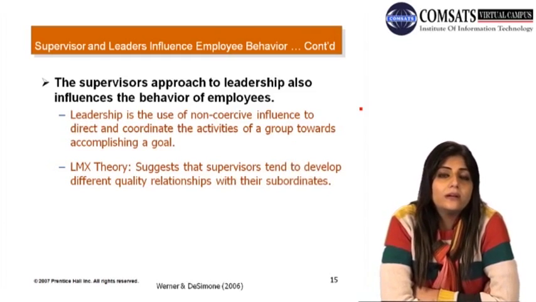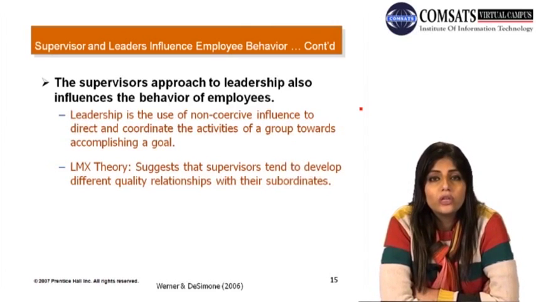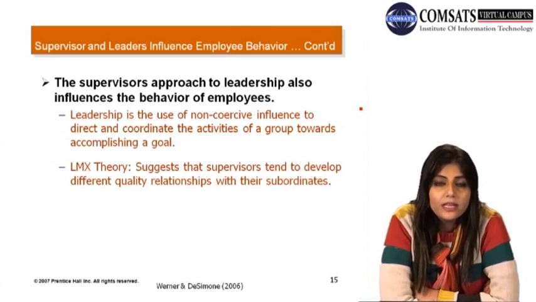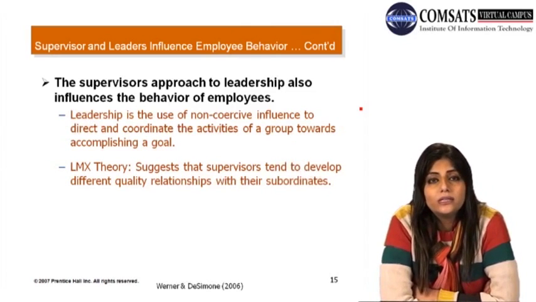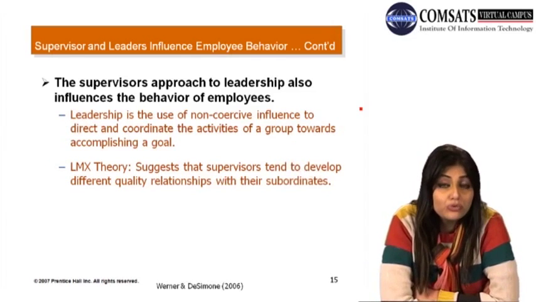The in-groupers receive better tasks from the supervisors. The supervisors trust the in-groupers more, so they give them more challenging tasks. They give them more difficult goals, because they trust that they will perform better and are more capable of achieving those goals.